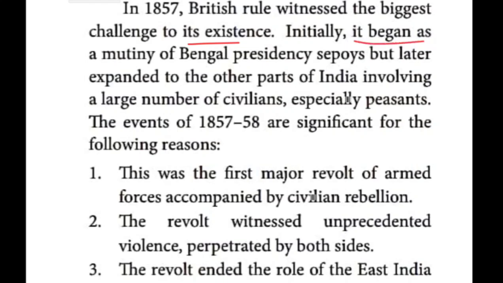Bengal only it was started, with the Mangal Pandey incident, the Bengal regiment, to which Mangal Pandey belonged. In the Bengal area, it started as a sepoy mutiny, but later it expanded and spread to other parts of India, involving a large number of civilians.